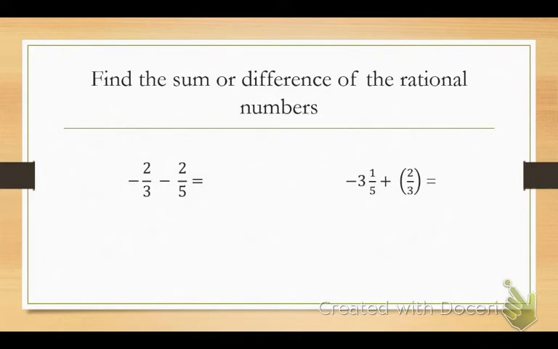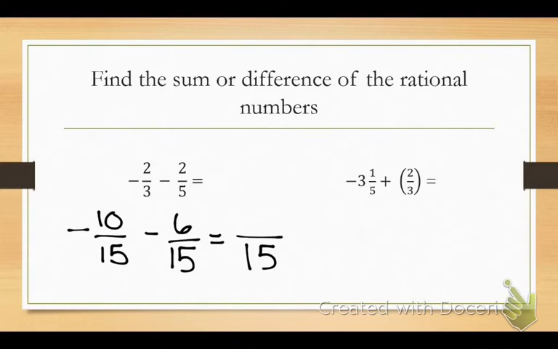I need an LCD. What's my LCD on the first one? 15. Okay, so when I multiply -2 times 15, what do I get? I'm sorry, times 5. -2 times 5 is -10 over 15 minus 6 over 15. So my 15 stays the same, all right? Obviously, I do nothing to my denominators.